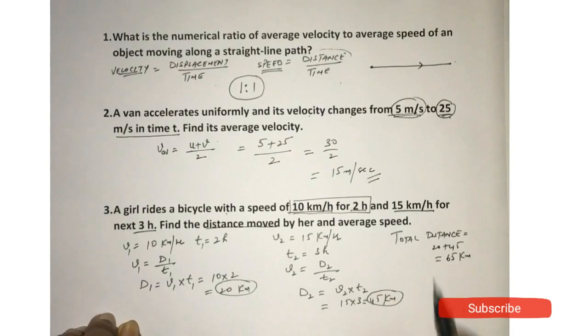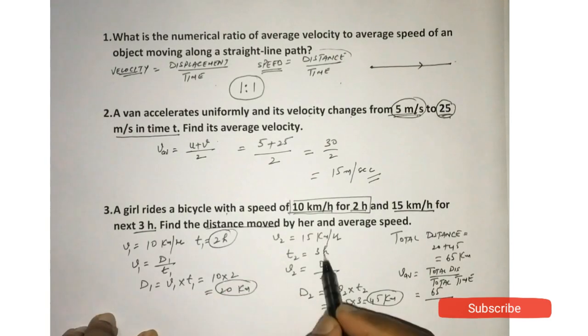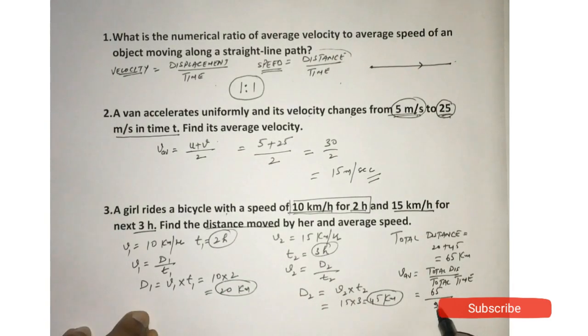And the average speed is total distance upon total time. Total distance is 65, and total time is 2 hours plus 3 hours, which becomes 5 hours. Fine. So cutting it, it becomes 13. So average speed becomes 13 kilometer per hour.